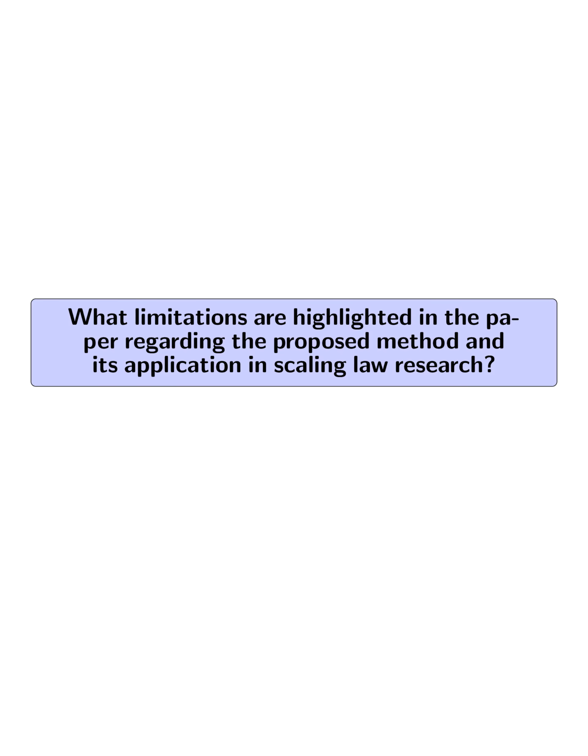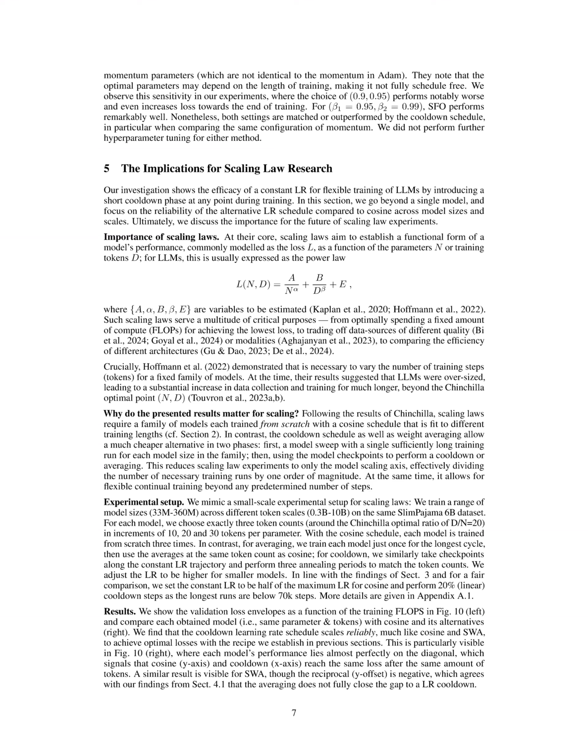What limitations are highlighted in the paper regarding the proposed method and its application in scaling law research? The limitations include the focus on models up to 360M parameters and training on up to 10B tokens, acknowledging that behavior may change at modern scales.